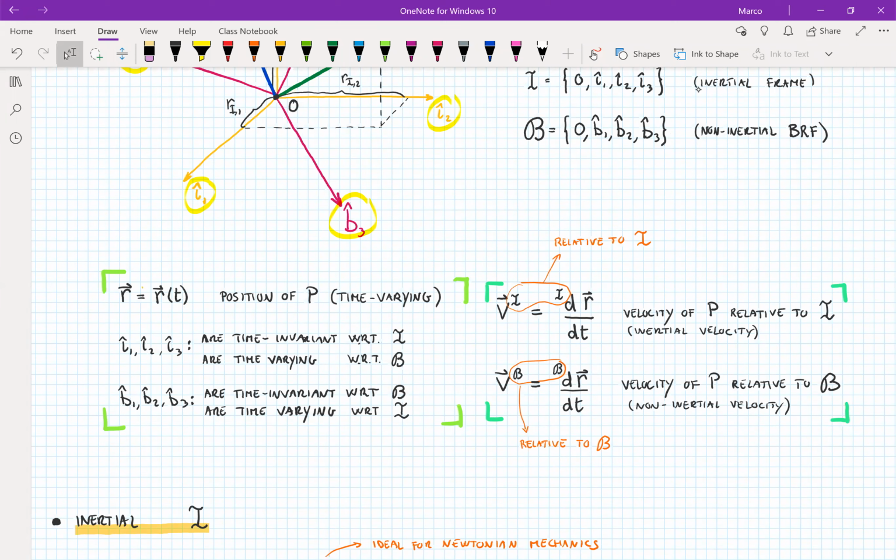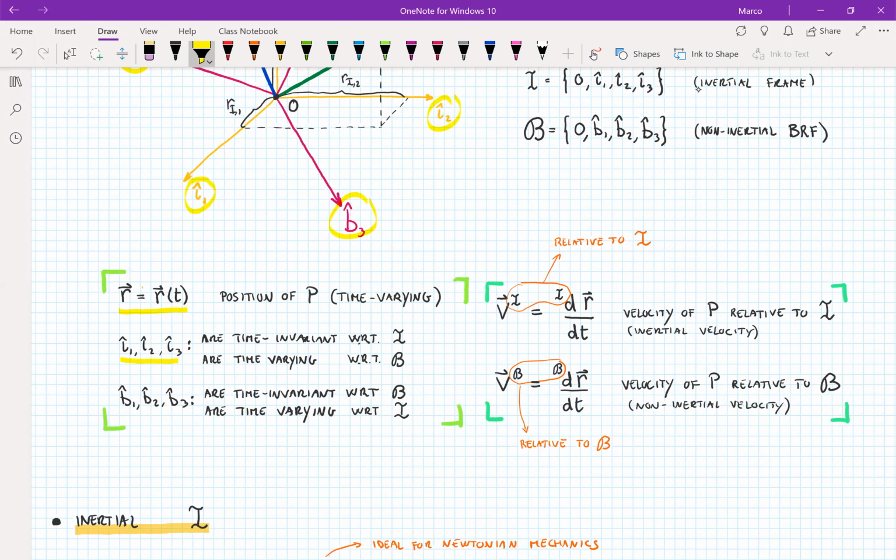So, other considerations here. The position of P is a function of time, so it varies, generally speaking, of course. Then we have the versors of the I frame of reference.